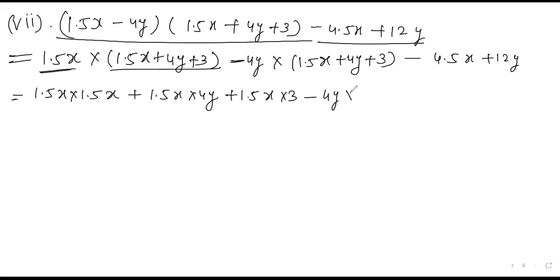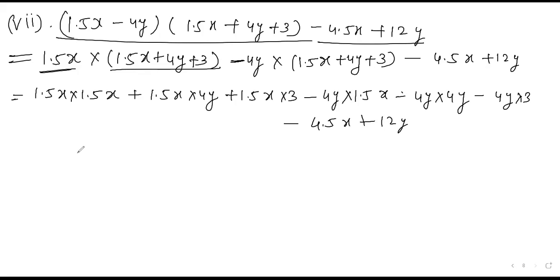So minus 4y into 1.5x, minus 4y into 4y, minus 4y into 3, and this will remain copied: minus 4.5x plus 12y.